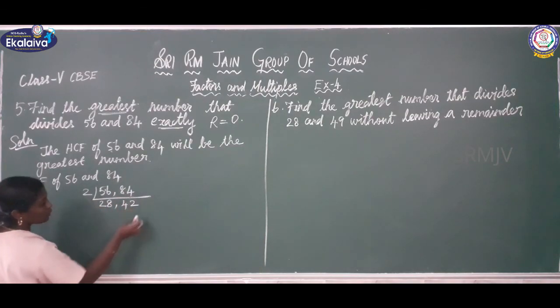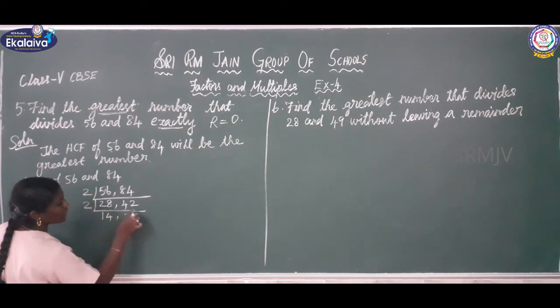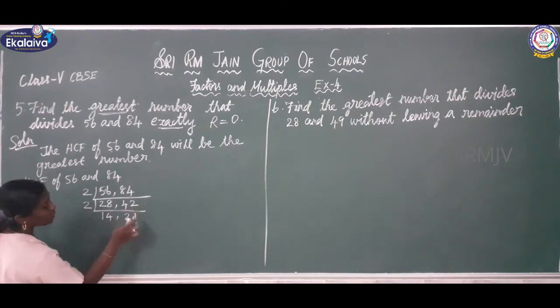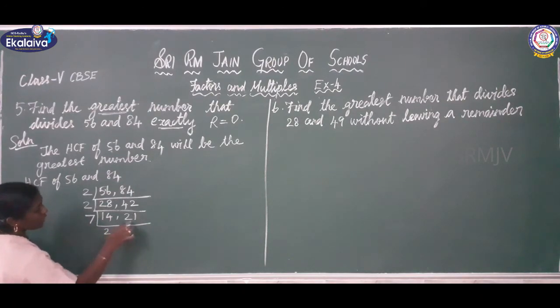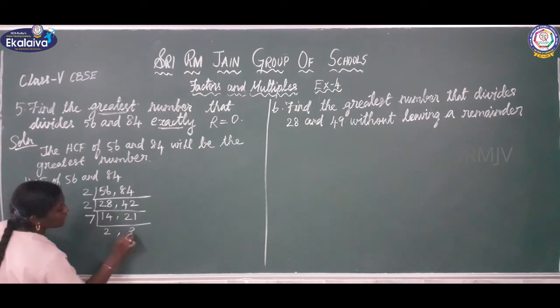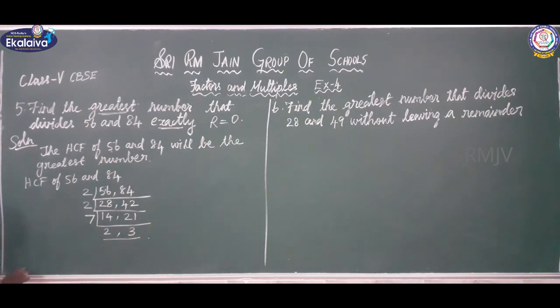In 4, 2 times. Again, both the numbers are divisible by 2. Here in 8, 4 times. 14, here in 4, 2 times. In 2, 1 time. So 14 and 21 are divisible by 7. 14 divided by 7, that is 2, and 21 divided by 7, that is 3. Here we got prime numbers, so we have to stop here.